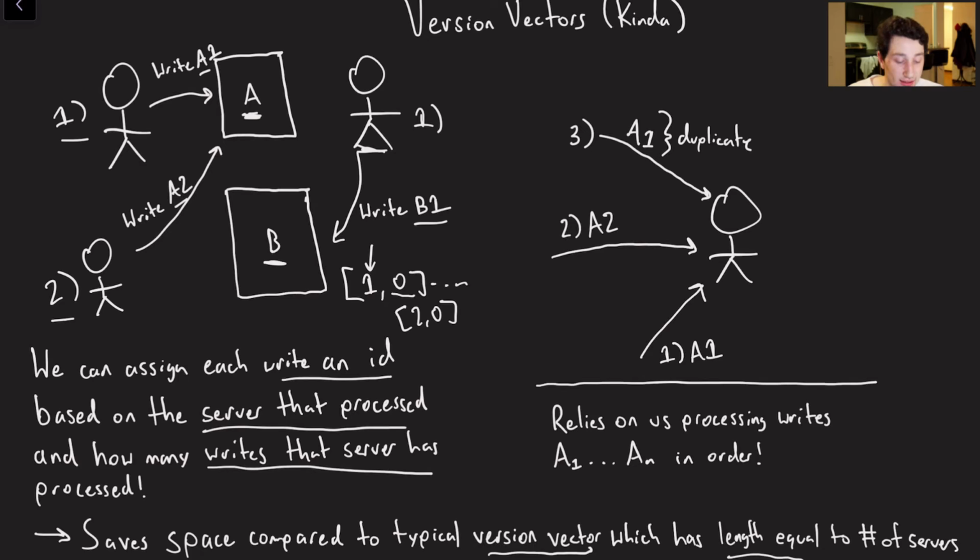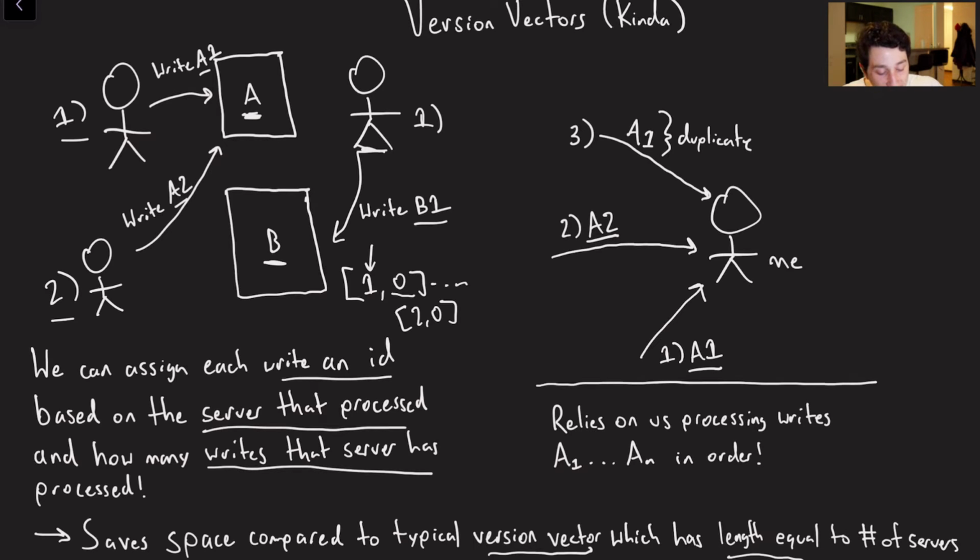Cool. So now, how are we actually going to use this on a client in order to make sure that we haven't processed a given write before? So let's say this client is me, and the first thing that's going to happen is I see write A1. I process it. I haven't seen any writes from server A before, so I'm good to go. Then I see write A2.